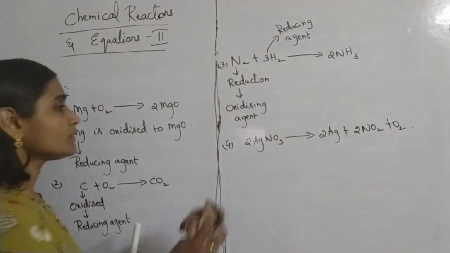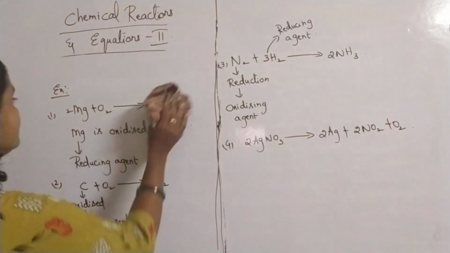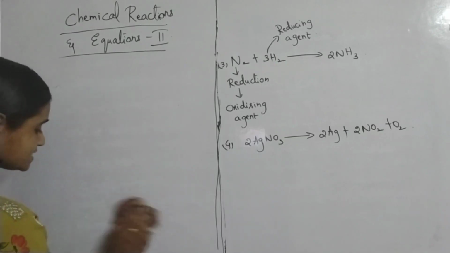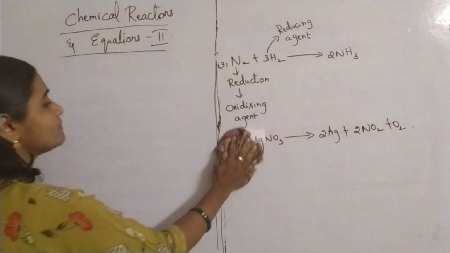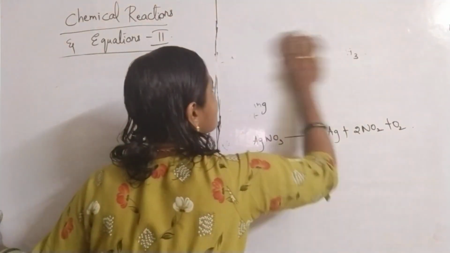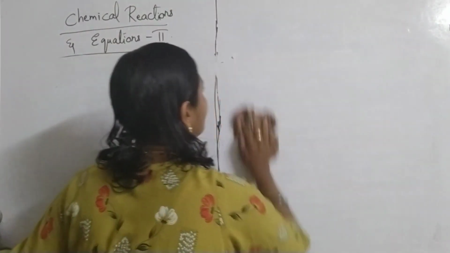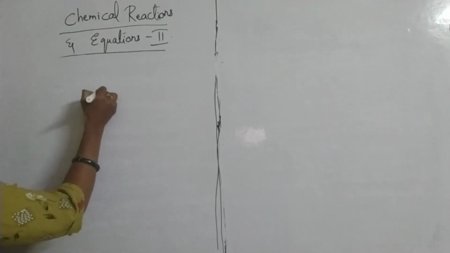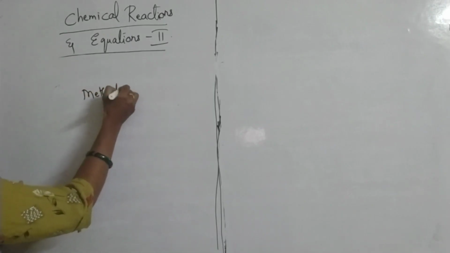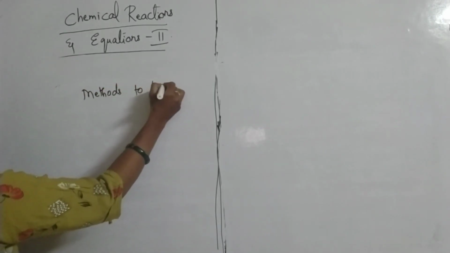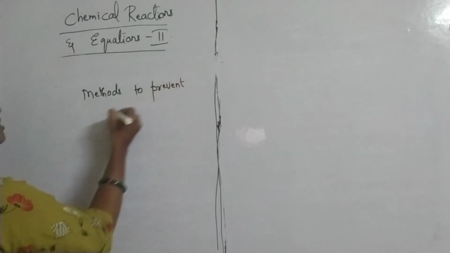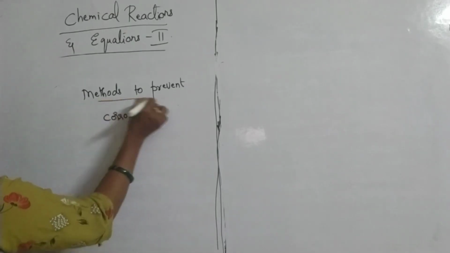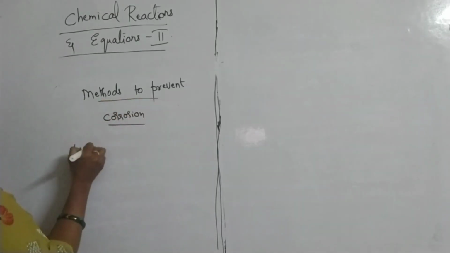And you have certain methods to prevent corrosion. I forgot to discuss that. What are the different methods to prevent corrosion? Yes, you have oiling, painting, greasing.